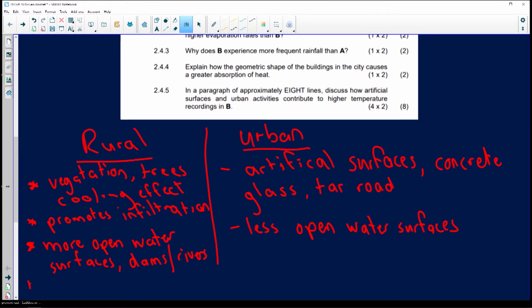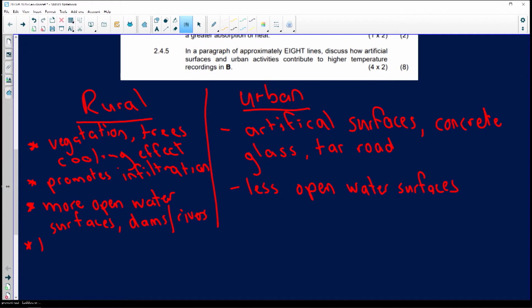And lastly, what we can mention: less congestion or human activities. I just want to write there on the urban areas: more congestion, pollution.